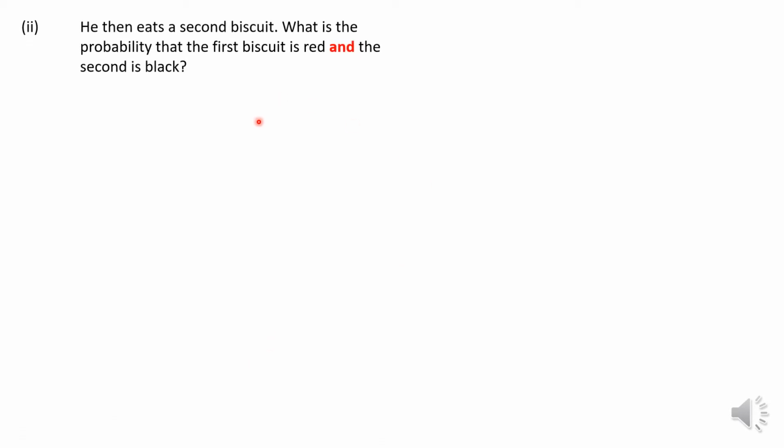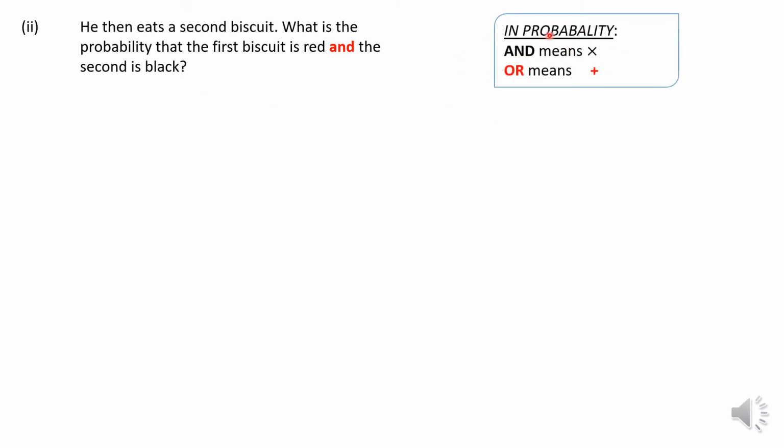So let's talk about the same story. He then eats a second biscuit. What is the probability that the first biscuit is red and the second is black? The 'and' in probability, remember, means multiplication. So you take your 3 over 11, but now you multiply with 7 over 10, because remember, he's eating one, so that one is gone.